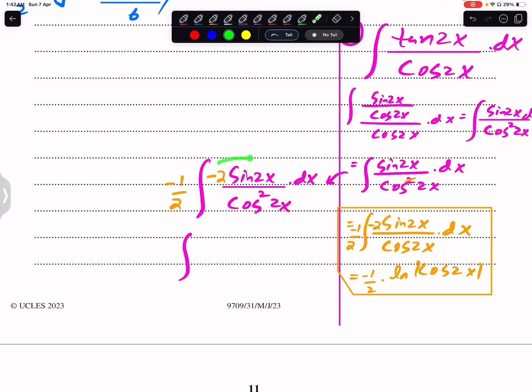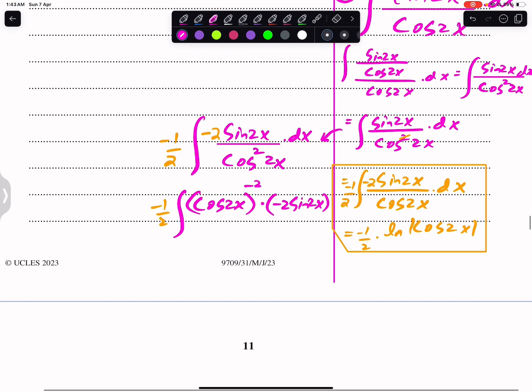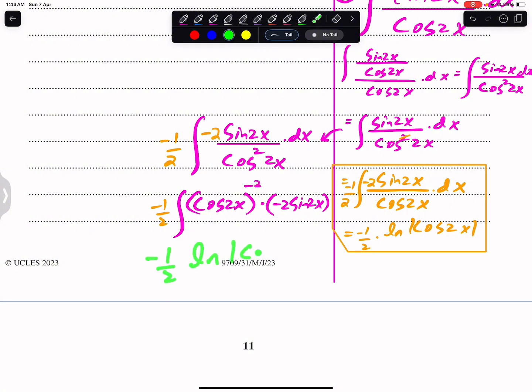Now we have the complete derivative of the denominator, but unfortunately this time we have power 2. So how to deal with this power? Student, just write it as cos 2x power minus 2 times minus 2 sine 2x. If you have power minus 1 here, you will simply write minus 1 over 2 natural log of cos 2x, just like you did here.